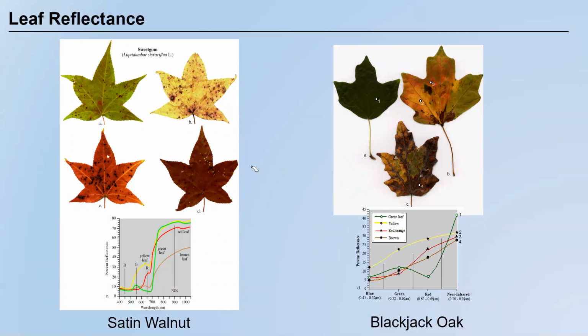They have different colors for sure, so you can expect that their reflectance spectra are different from each other. Red leaf, green leaf, yellow leaf, brown leaf. Of course, these four leaves are from different parts of the life cycle.